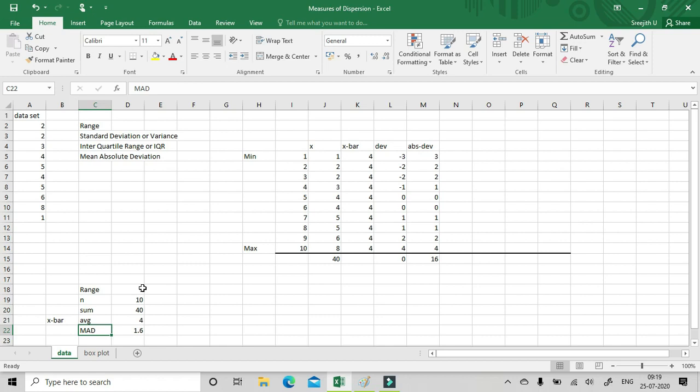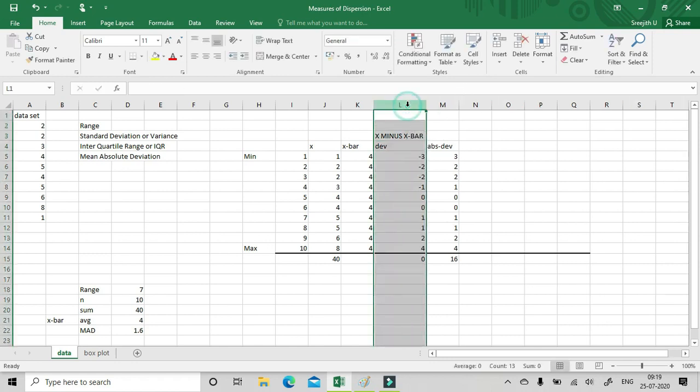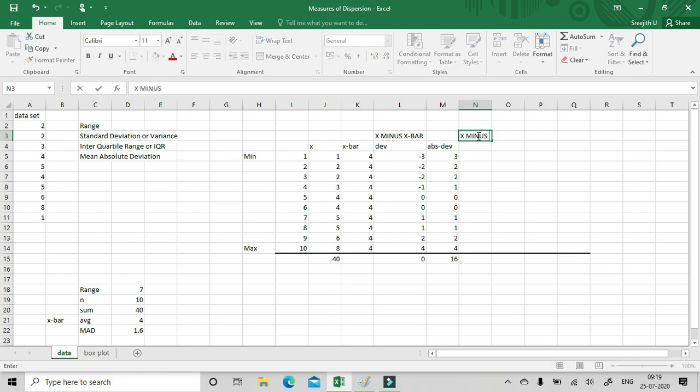So let's look at what standard deviation is, right? Earlier, what was deviation? Deviation was basically x minus x bar. That's what your deviation is. So let's now look at x minus x bar squared.